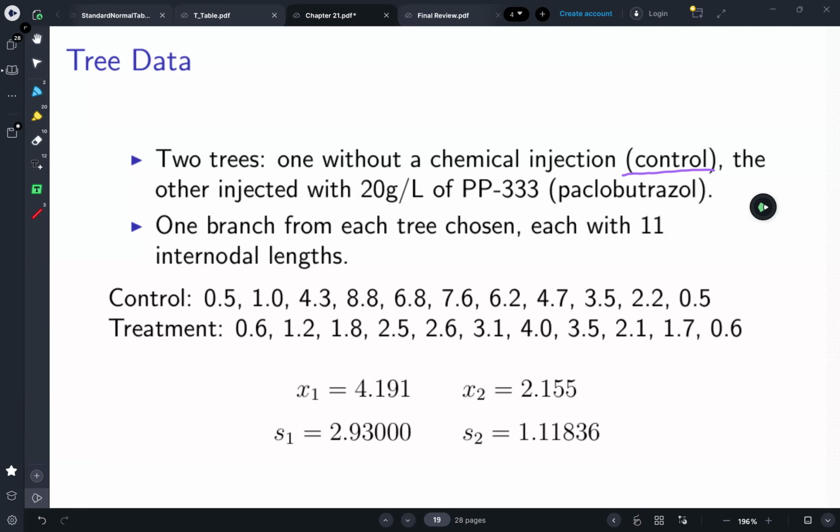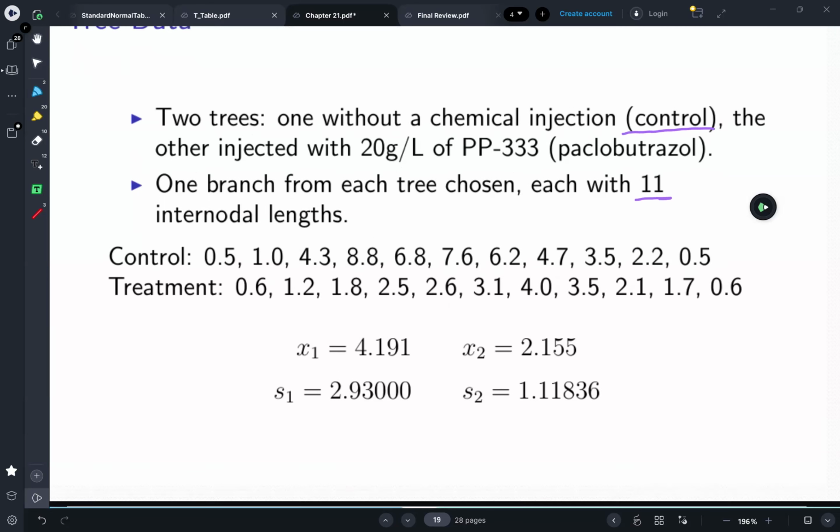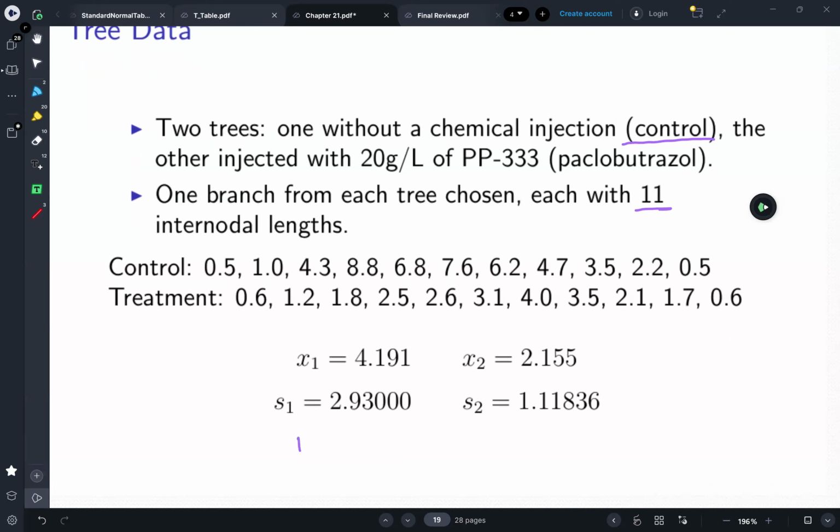These are the measurements. If you add them all up and divide by 11, each with 11, that's our N1. So N1 would be 11. N2 would be 11 as well.